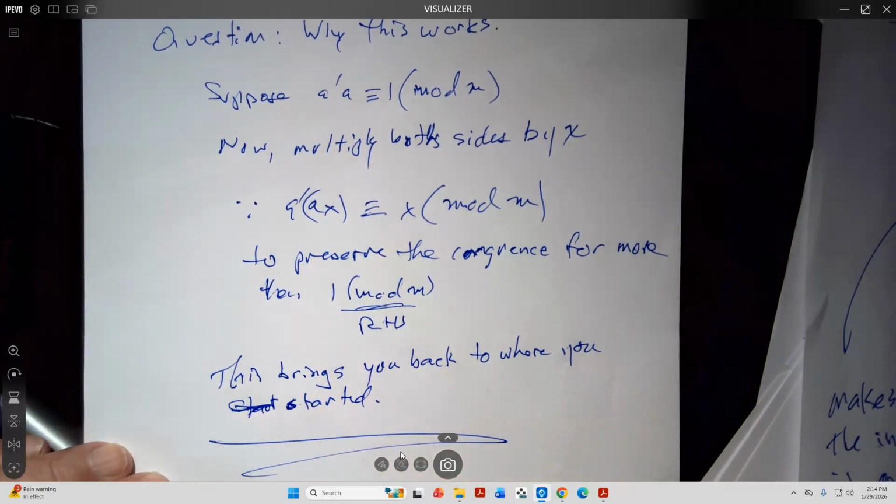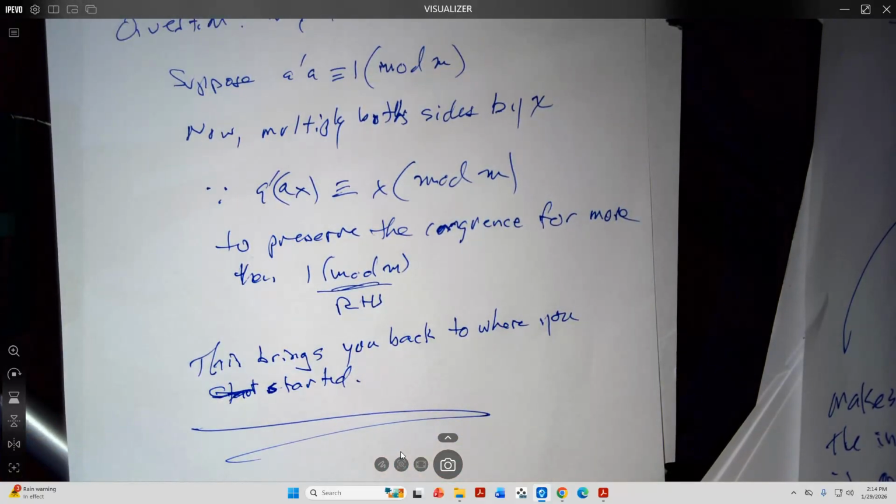Okay, I think that's good enough for inverses. Inverses are extremely important, obviously. In modular arithmetic, you have to be able to go back to where you began.